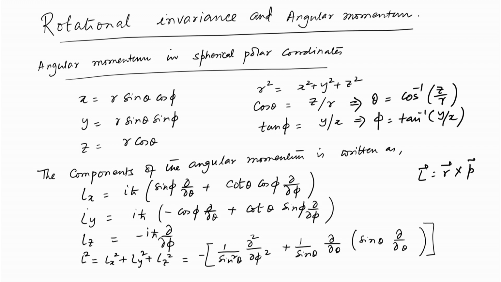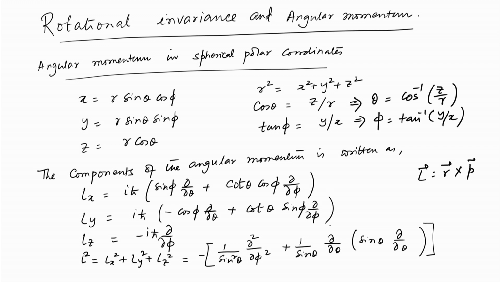And when we change it to the spherical polar coordinates, it is seen that they are purely functions of theta and phi, just what I told a while back. So, L x is equal to i h cross sin phi del theta plus cot theta cos phi del phi, L y equal to i h cross minus cos phi del theta plus cot theta sin phi del phi, and L z, which has the simplest form, is minus i h cross del phi.